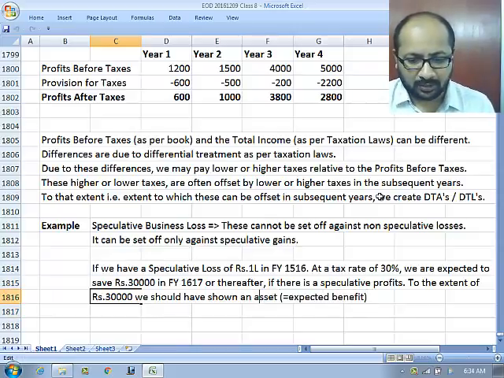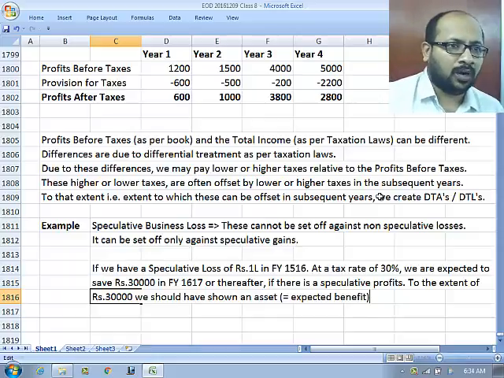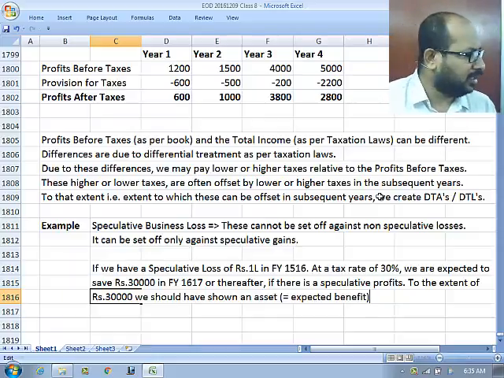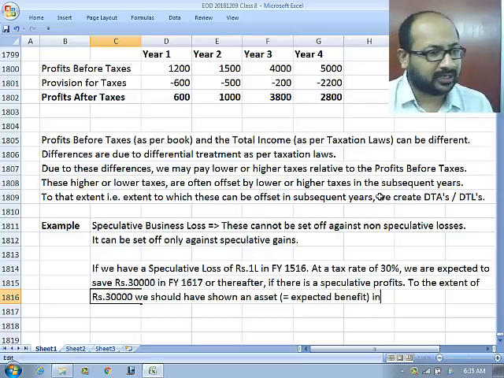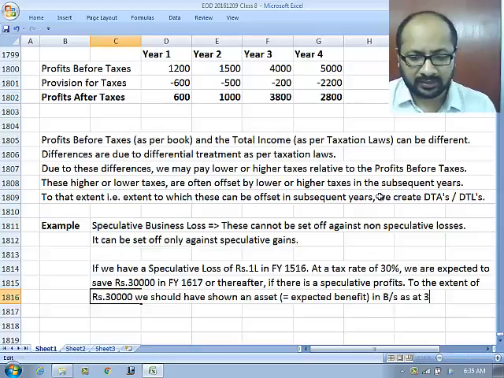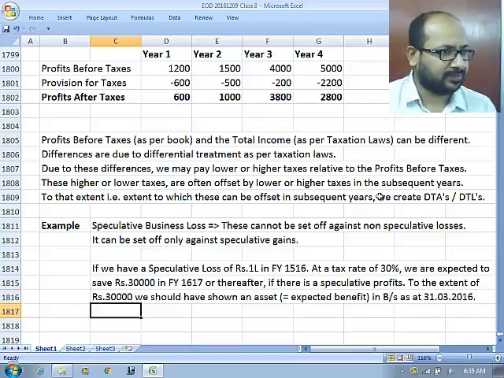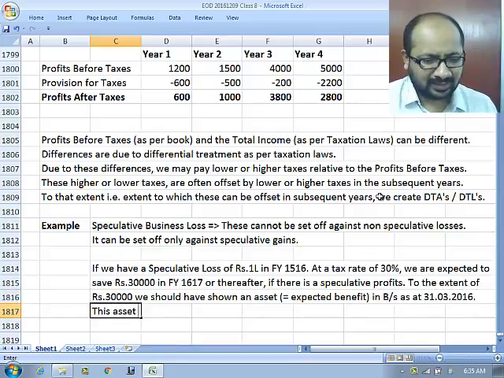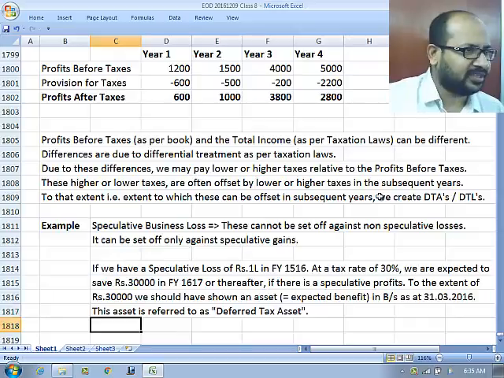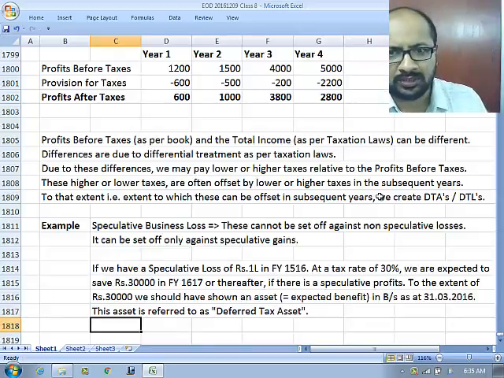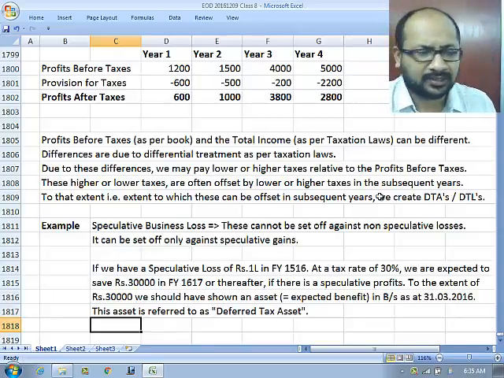You can pretty much control this benefit also, because if you want, you can set off, and if you don't want, you don't set off. So it's expected in the next year. The benefit should be shown as an asset in the balance sheet as at 31/3/2016. Clear? This asset is referred to as deferred tax asset. A crude example. We'll touch upon a much better representation shortly.